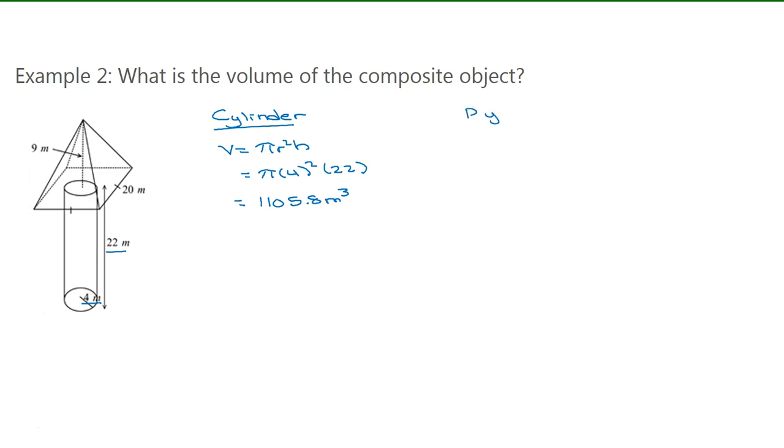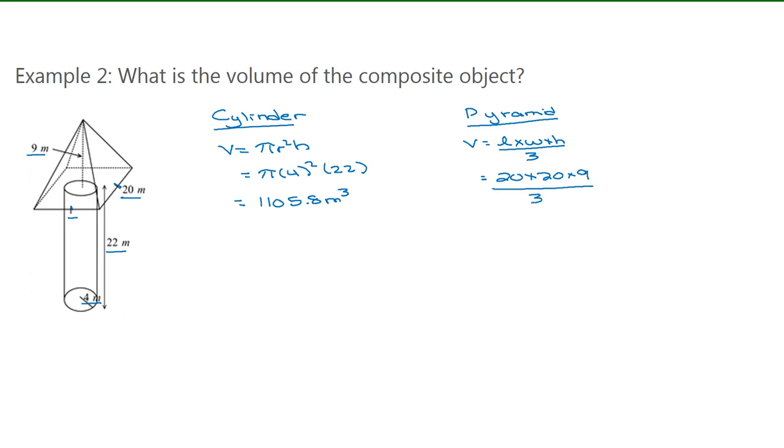Now let's look at the pyramid. The formula for a pyramid is length times width times height divided by 3. Now the length and the width of the pyramid are the same because of these markings here. So they're both 20. And the height is here, which is 9.